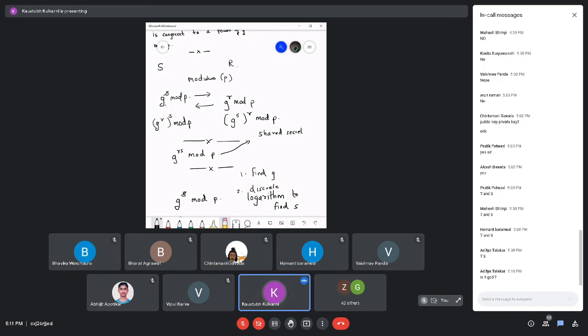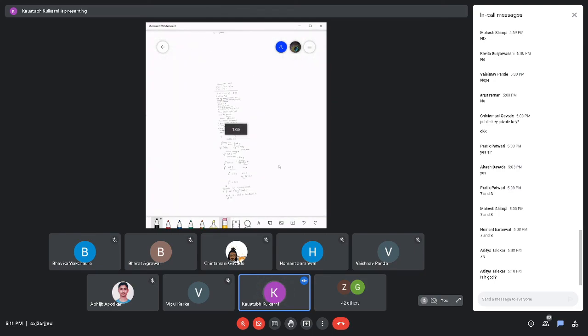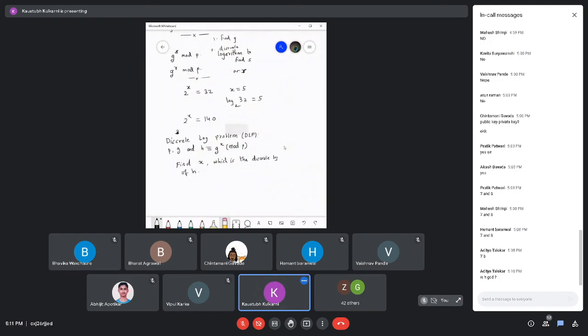Now the attacker knows g and p. H is this product, g raised to s mod p is h. Given that the attacker knows p, g, and h, the attacker will have to find the exponent by taking the logarithm. H is not the GCD.